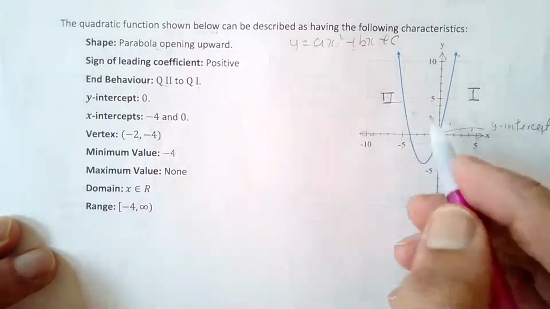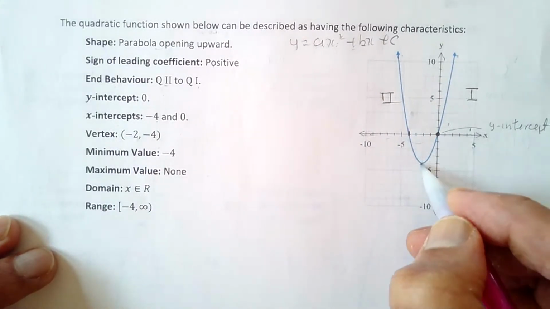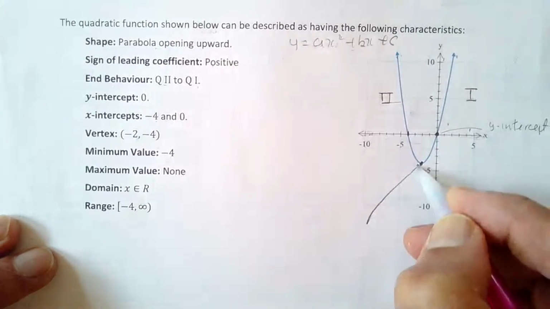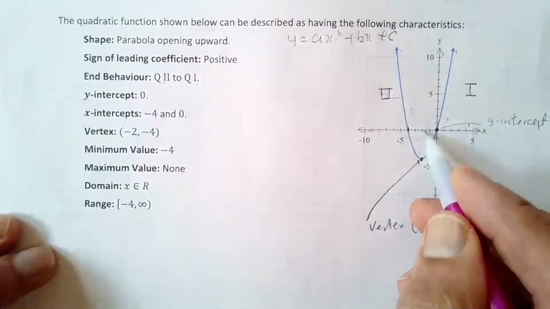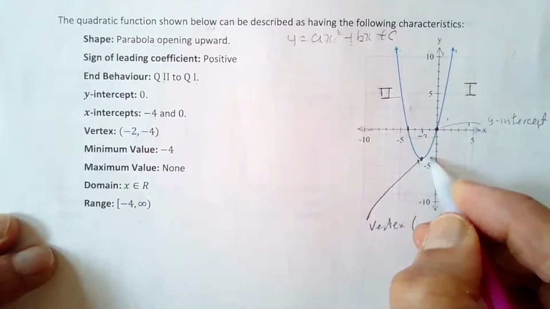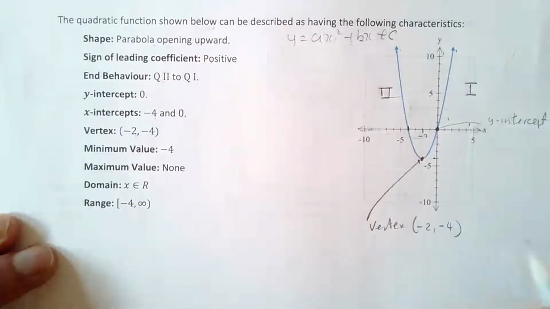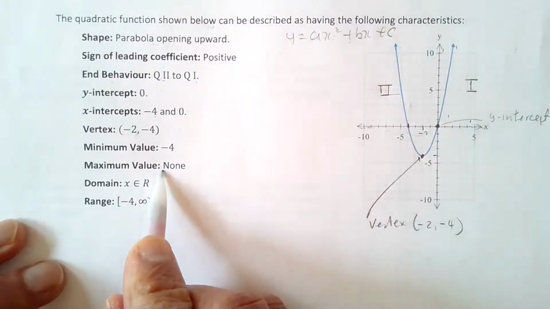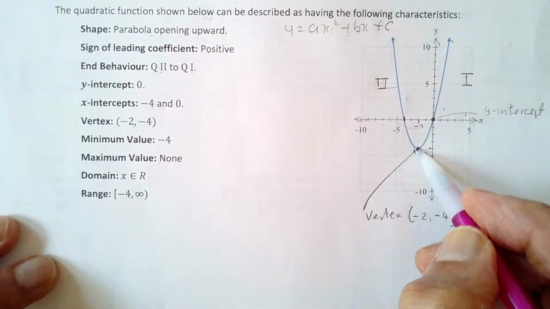The x-intercepts are negative 4 and 0. The vertex is this point here. We have negative 2 here, and this is going to be negative 4. So the vertex is negative 2 and negative 4. Maximum value, there's none because it's going to infinity, but there's a minimum value here.